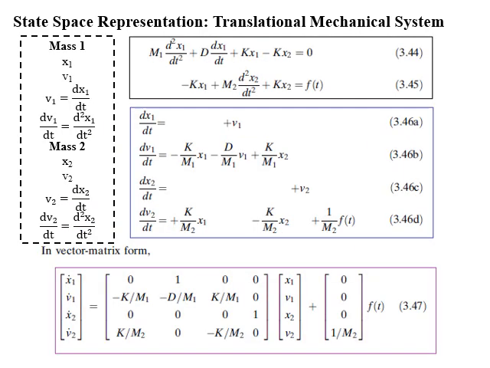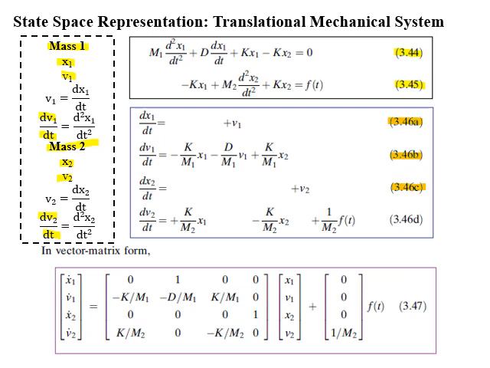Dear students, equations 3.44 and 3.45 define equations of motion for this system. Now we will substitute state variables for both masses m1 and m2 and their differential relation into equations of motion 3.44 and 3.45, and with rearrangements we will get our desired state equations, which are from 3.46a to 3.46d.